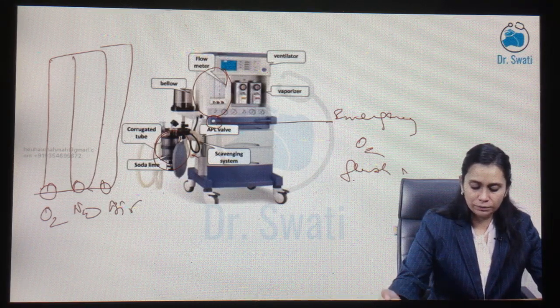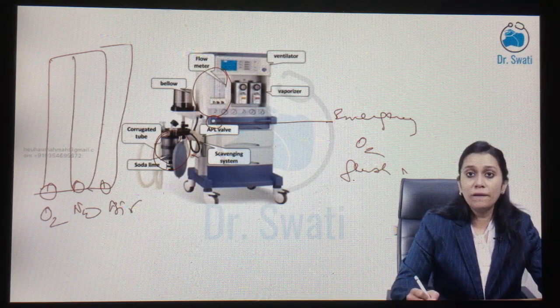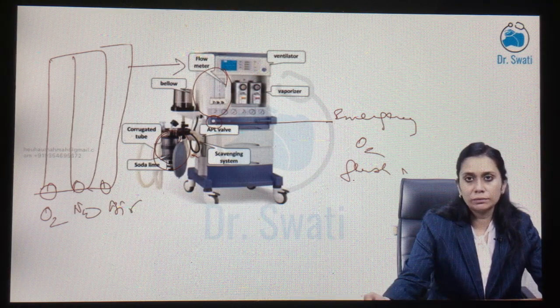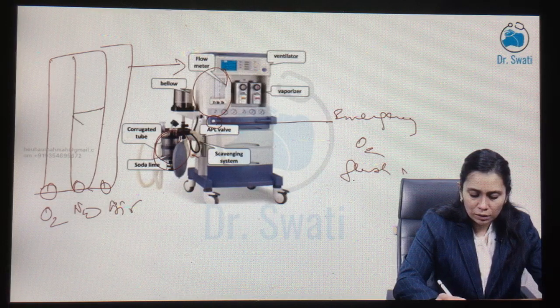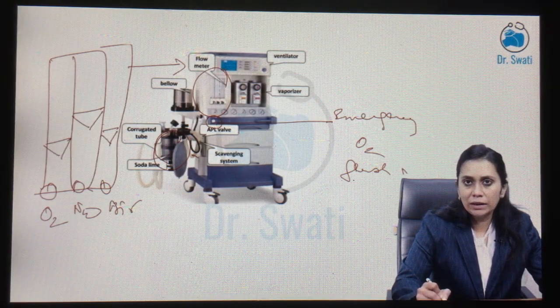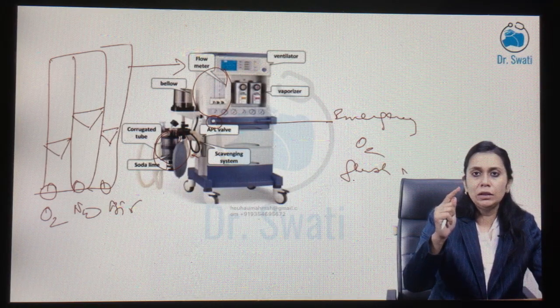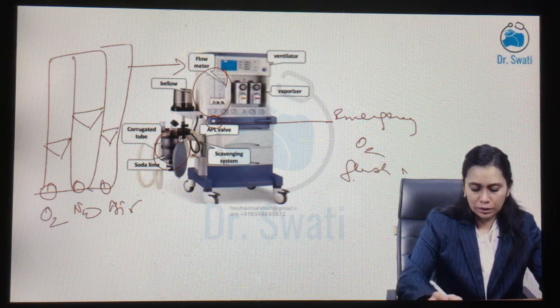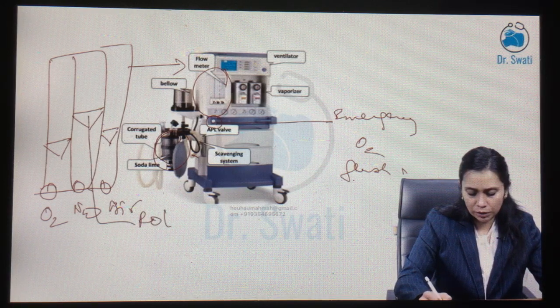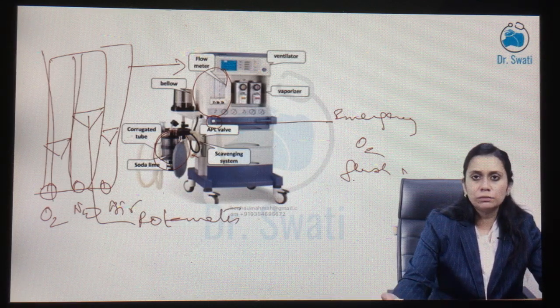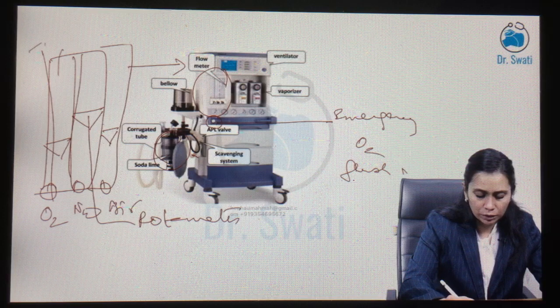This whole system showing the flow of these gases from the machine is called the flow meter. The individual indicators of flow, the nitrous oxide indicator and air indicator, are conical indicators which rotate on their axis. This is called a rotameter. And this tube which tells us about the flow is called Thorpe's tube.